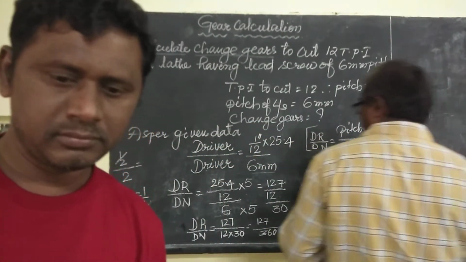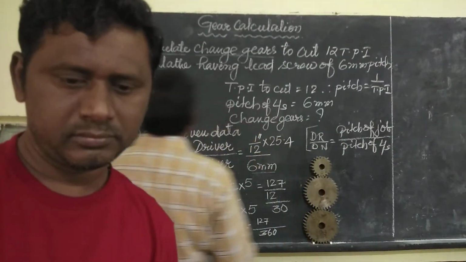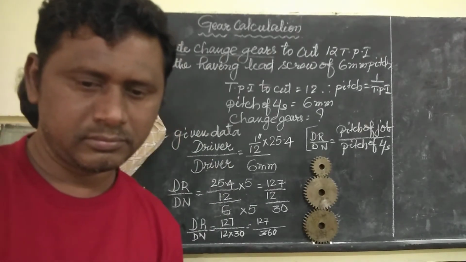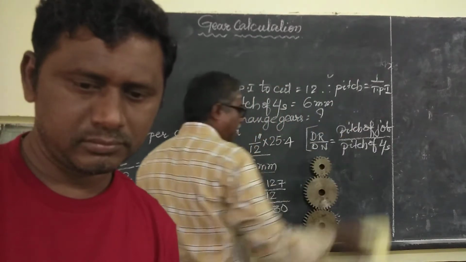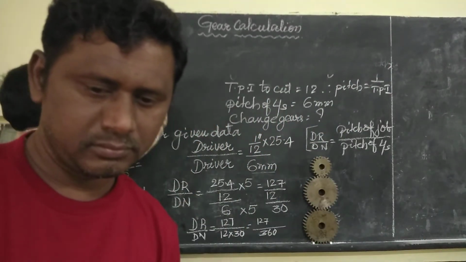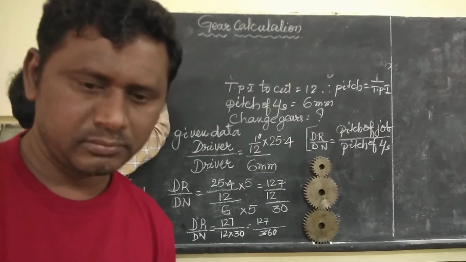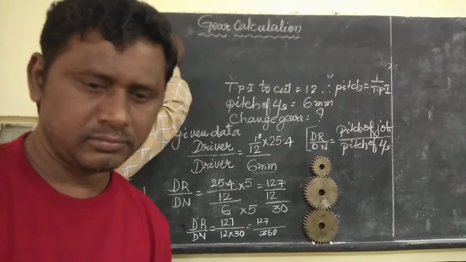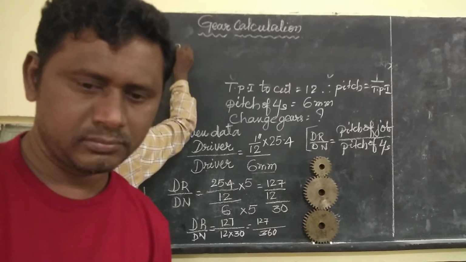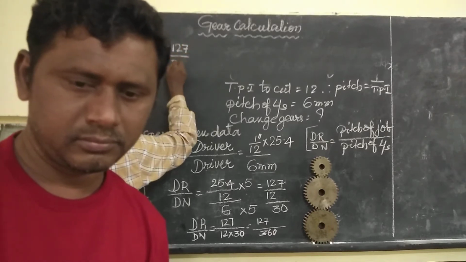Then 127 by 360. Now you see here the fraction Dr by Dn equals 127 by 360.